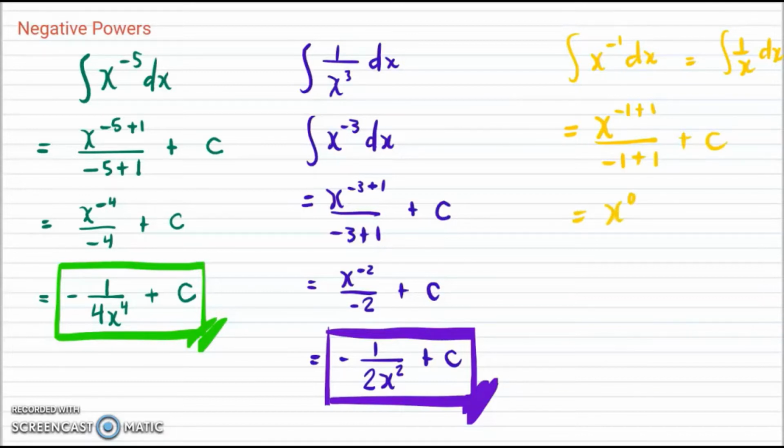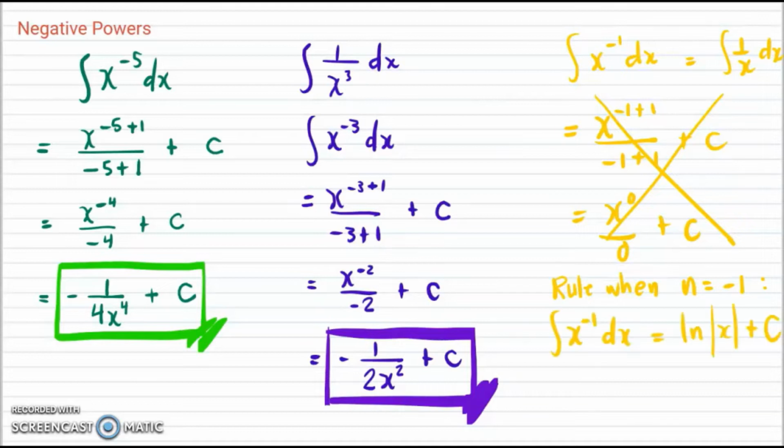So x raised to 0 over 0. So what is this thing, right? So the power rule cannot be applied to this kind of example or problem. Which leads us to another rule when n is equal to negative 1. It says that the integral x raised to negative 1 dx is equal to ln absolute value of x plus c.